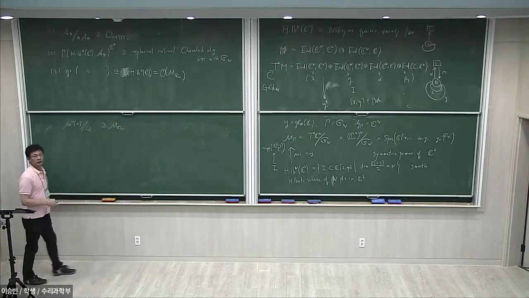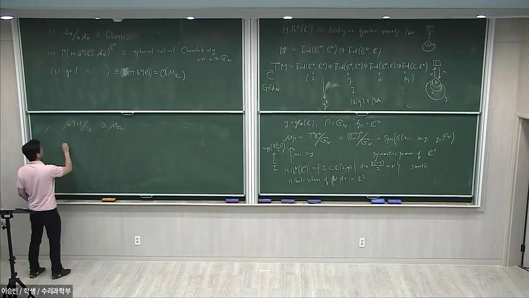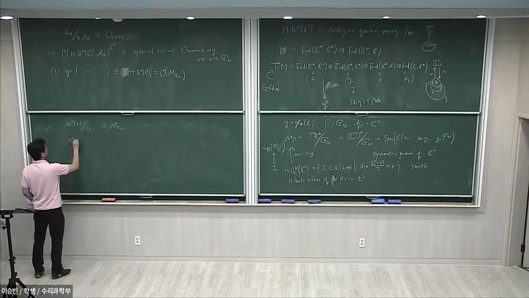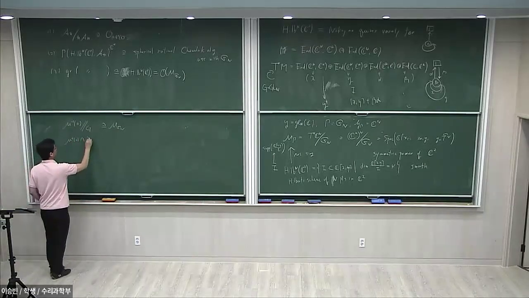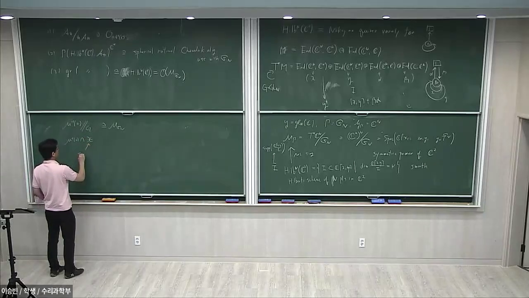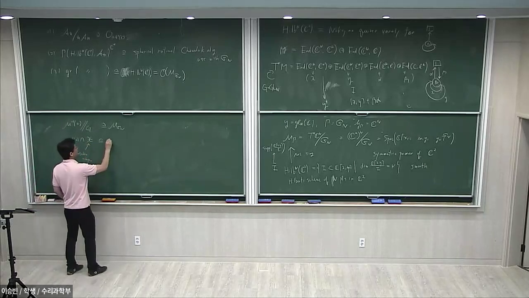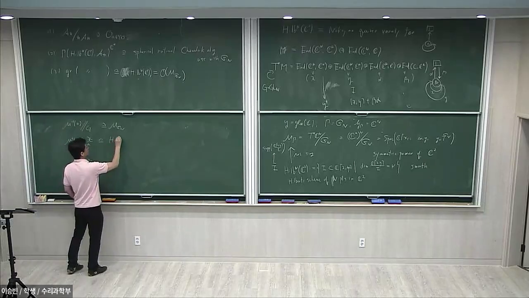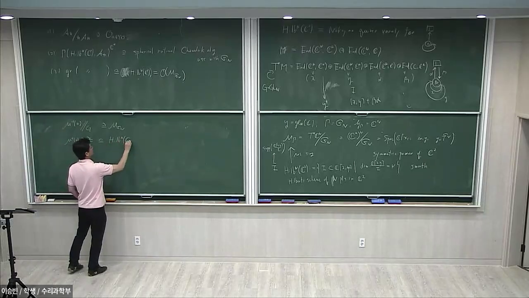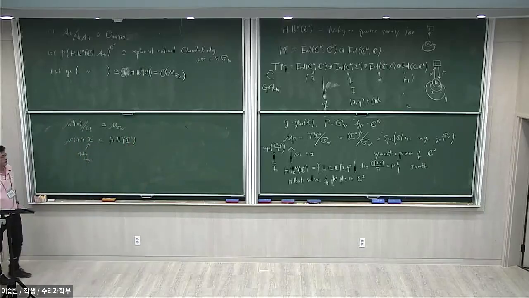But if you do more carefully, by restricting the level set to some stable subspace, you recover the Hilbert scheme of points in the plane. So this is roughly Nakajima's construction.